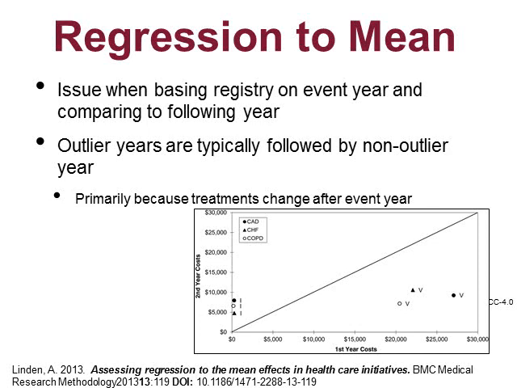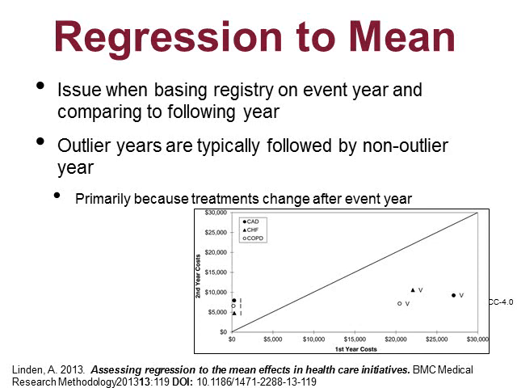So the graph here, I pulled this graph from a very nice paper called Assessing Regression to the Mean Effects in Healthcare Initiatives. The paper I was going to post as reading, but it gets a little mathy and it's quite long, and really all you need to know, if there's just a few concepts you really need to take home from this week, one is regression to the mean.